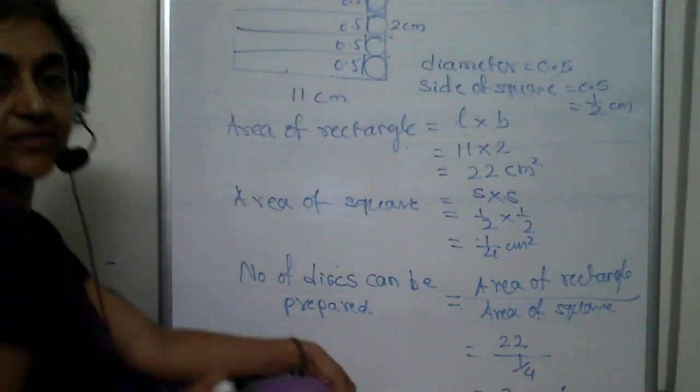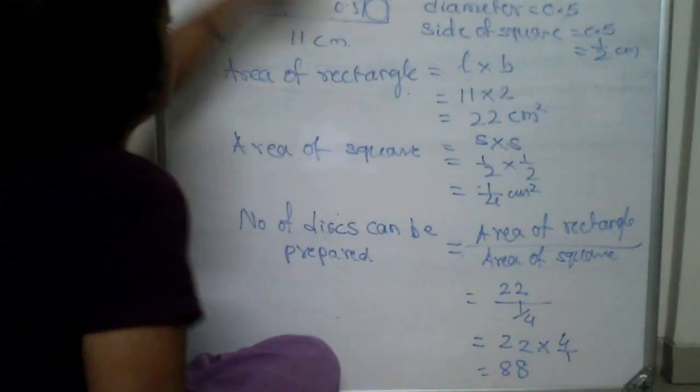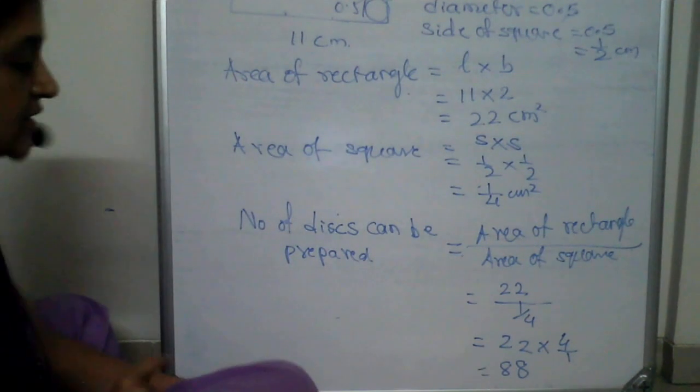Number of discs that you are going to obtain from the rectangular sheet that is given is 88. Okay, that's it.